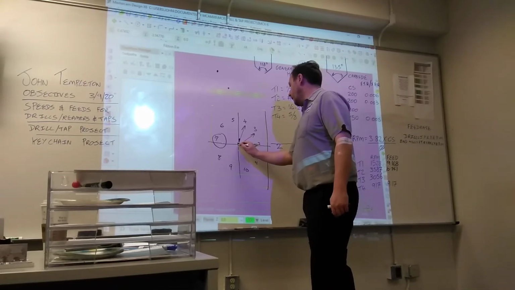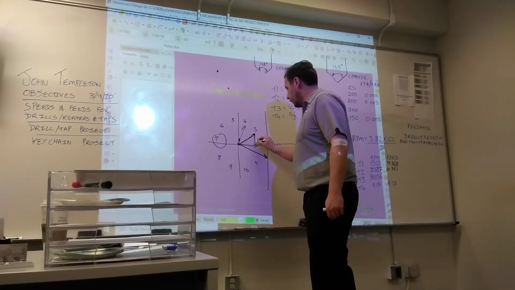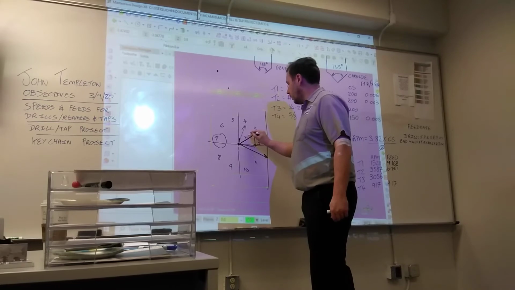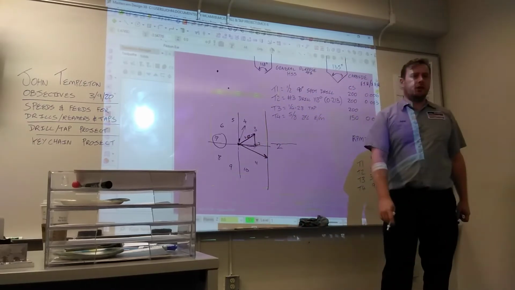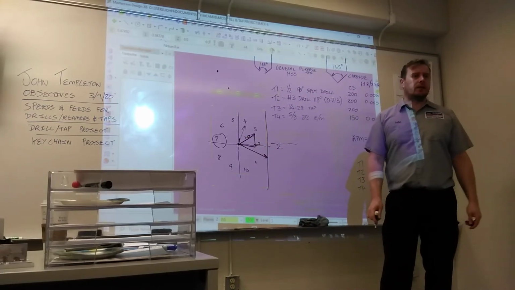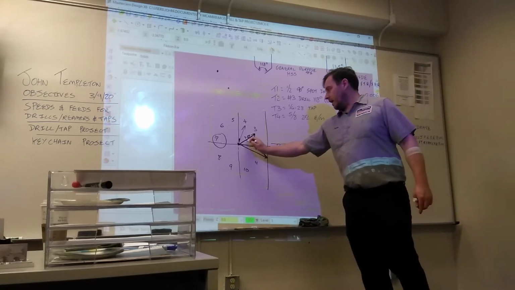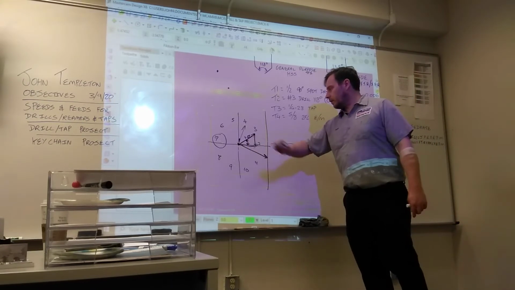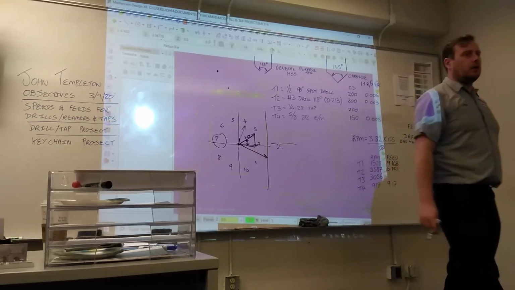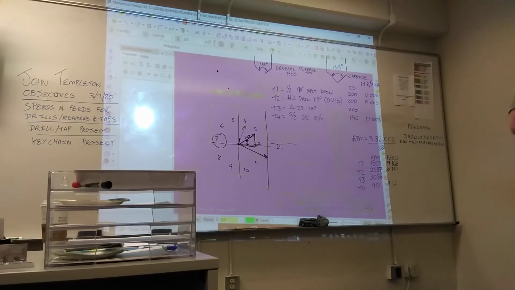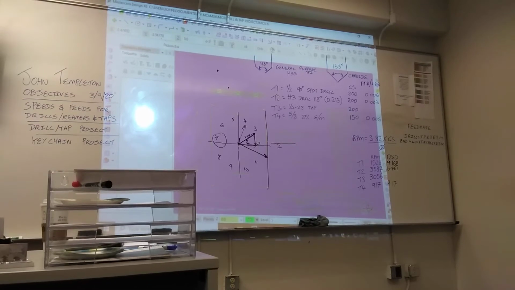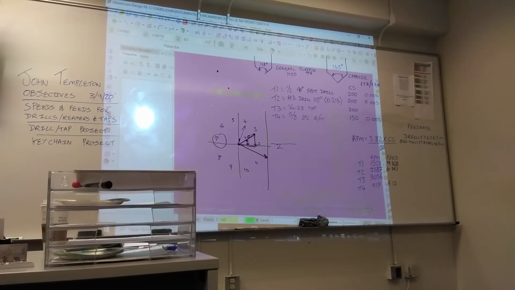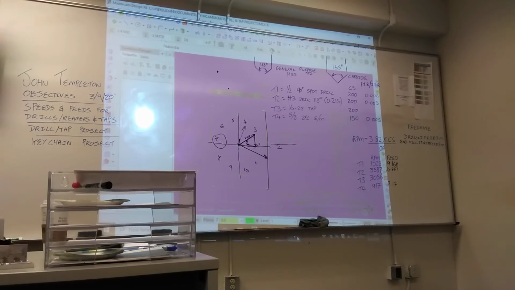Hole number 3. We've got the hypotenuse, 1 inch, the radius. What is the angle? How are we going to figure out the angle? 360 divided by what? 10, because one of the holes is in the middle and it's not on the bolt circle.